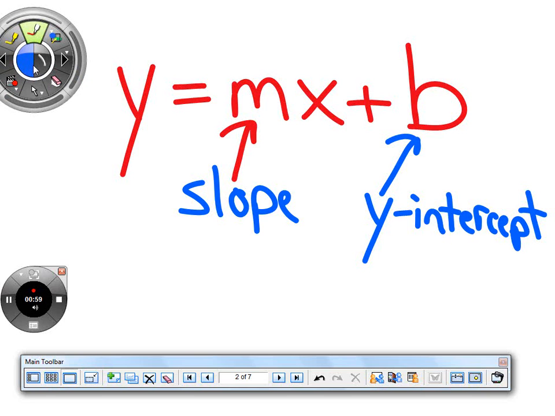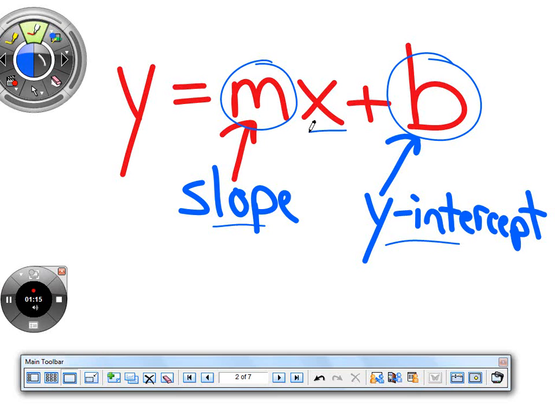Whenever you want to write an equation in slope-intercept form, you always need the slope and you need the y-intercept. That's why they call it slope-intercept form, because of those two key numbers that you plug in.